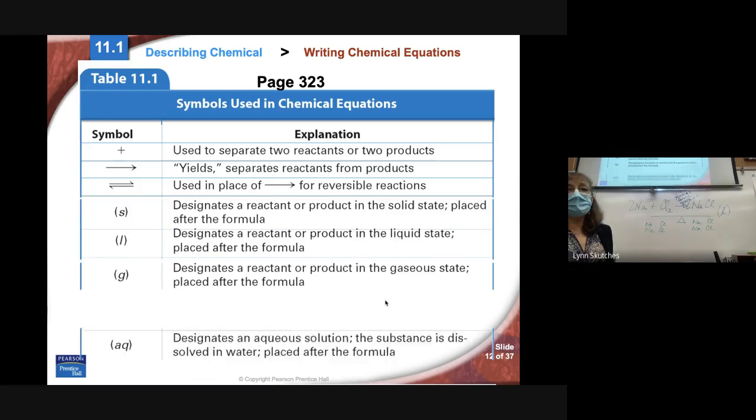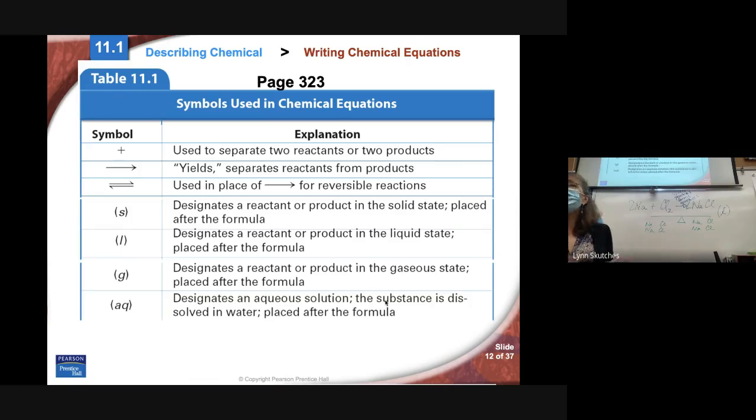Little g for gas, and then aq we've talked about before. It means aqueous. It means it's dissolved in water. So aq is aqueous. Lots of things have to be dissolved before they react. All the reactions in your body, all the chemical reactions that keep you alive, happen in solution.